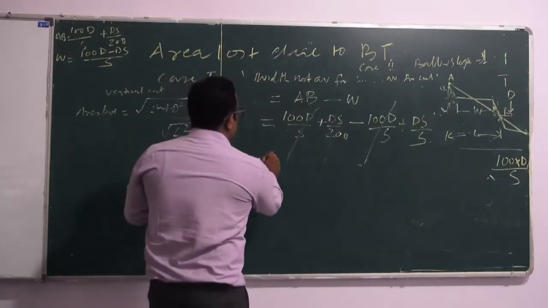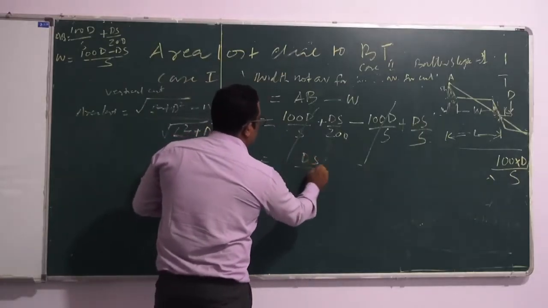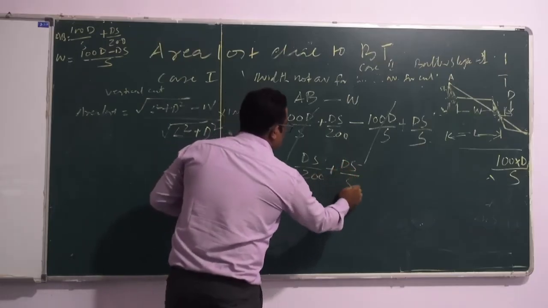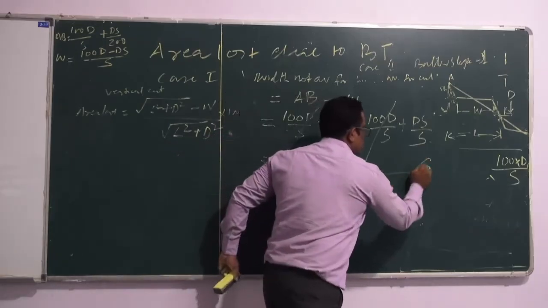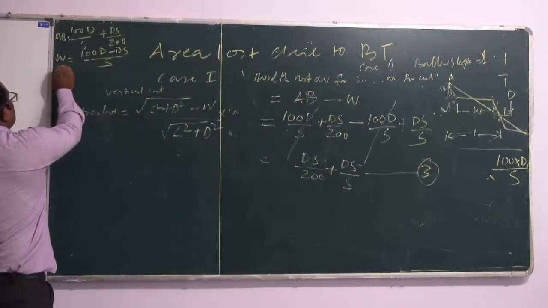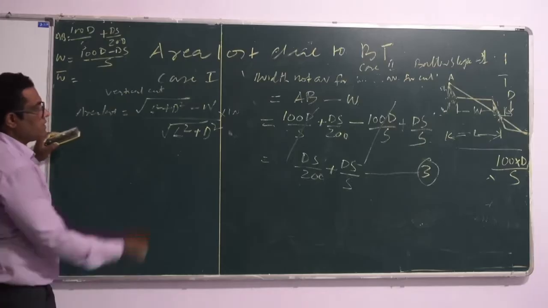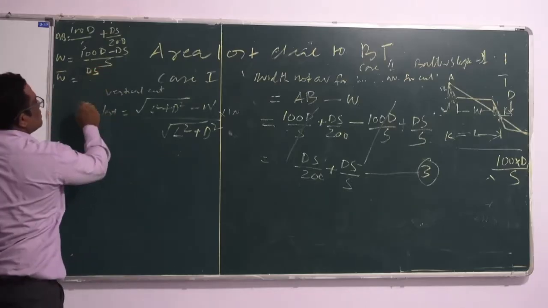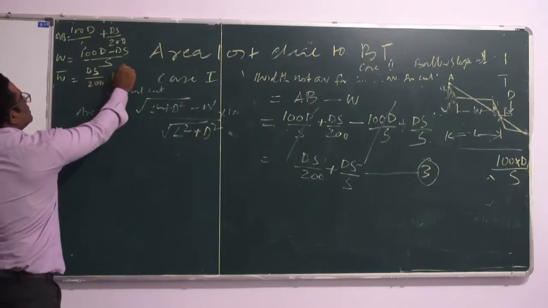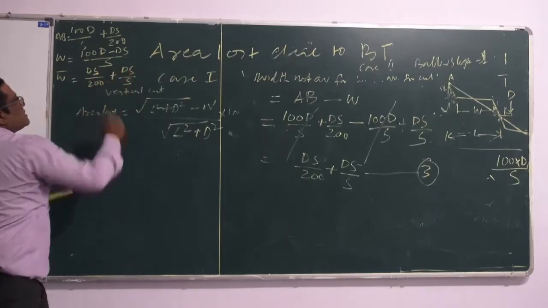So what remains is DS by 200 plus DS by S. This is your equation. You need to write it somewhere. Width not available for cultivation is DS by 200 plus DS by S.